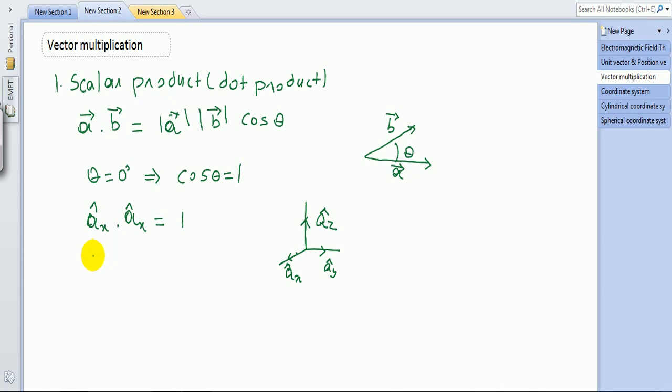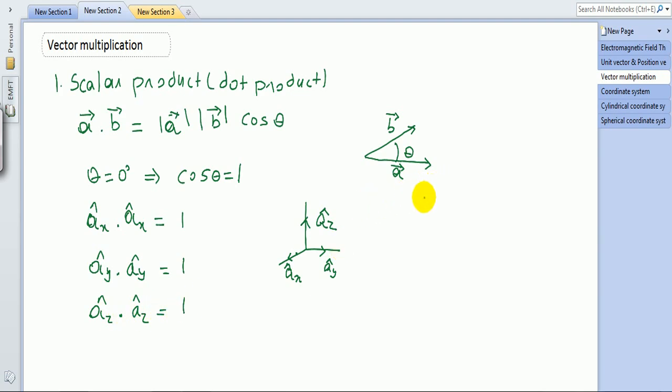Similarly, if I do ay cap dot ay cap, then also I will get 1, and az cap dot az cap will also be 1.